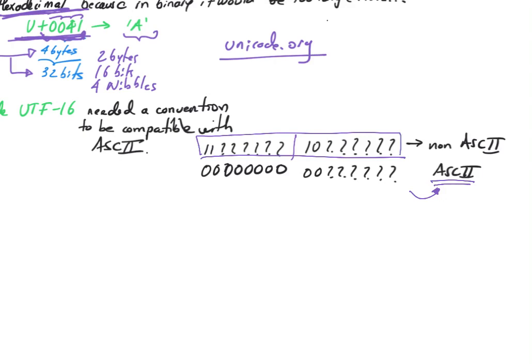And what they say there is that for ASCII code, this would be the pattern, right? A bunch of zeros here and then the 128 characters. And that in order to make a difference, if they needed 2 bytes for any Unicode character that was not ASCII, they would use this pattern.